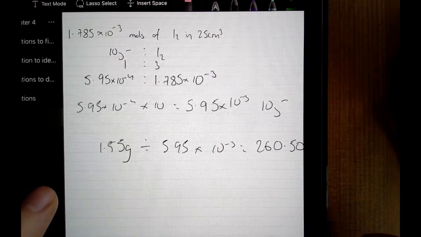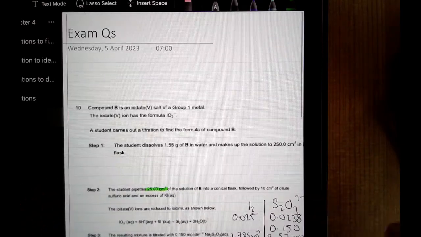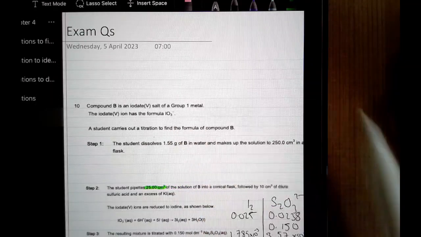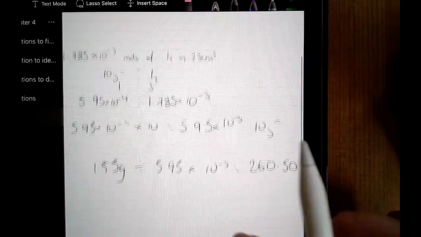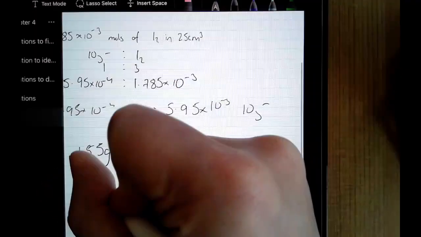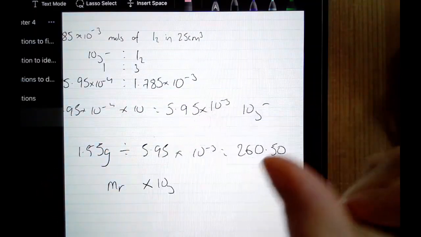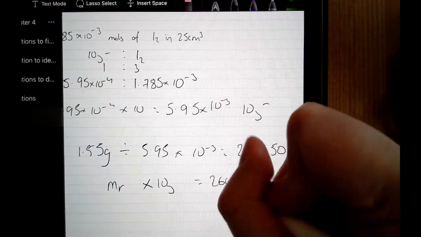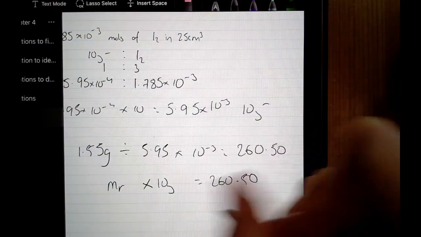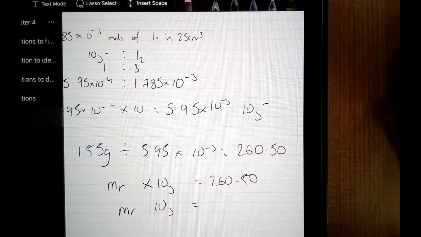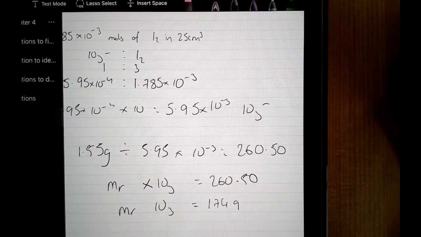Now we are told the formula of our salt is just a group 1 metal alongside IO3 minus. So what I can do now, if I know the formula mass, let's call the unknown group 1 metal X, the formula mass of the entire thing is 260.50. If I work out the formula mass of the iodate ion, that works out as being 174.9.